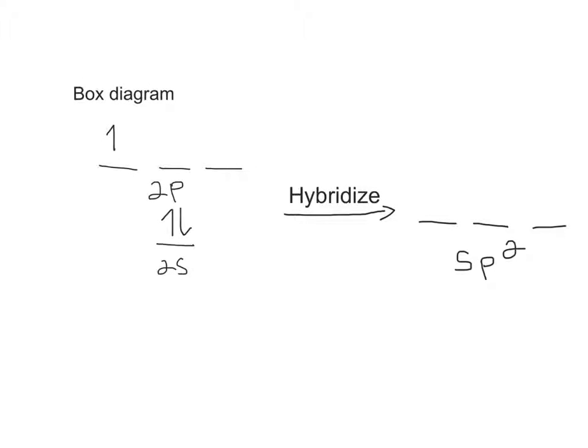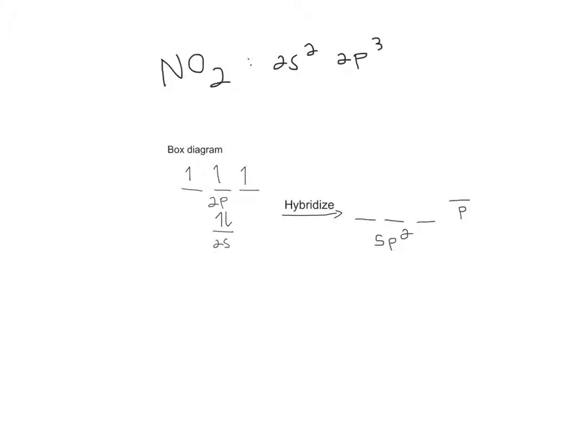And then we have 1, 2, 3. So we have our 2s orbitals filled with 3 electrons in our 2p orbital. So what we're going to do is we are going to hybridize these ones. And once we bring it over here, it's going to look like this. And we're going to have our 1p orbital filled with that one here.